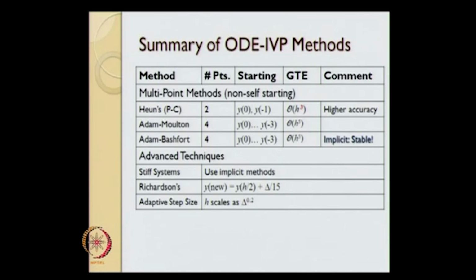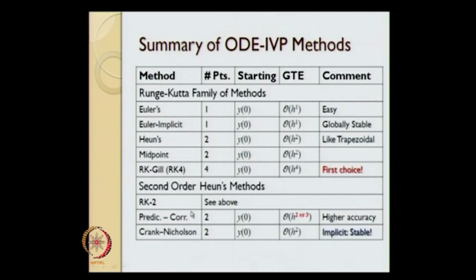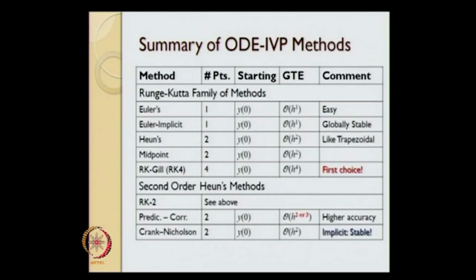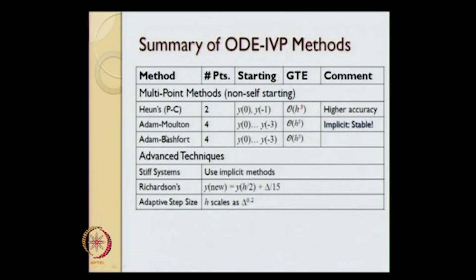How it is different from the original predictor corrector Heun's method is that in the original we use Euler's method to compute the predictor equation. If we go back to this particular slide, at this point we use Euler's method to project the point into the future. So the first method is going to be h squared accurate, that is Euler's method. Instead we can replace Euler's method by a trapezoidal-like method, and that will give us the multi-point predictor corrector Heun's method, and that is h cubed accurate.